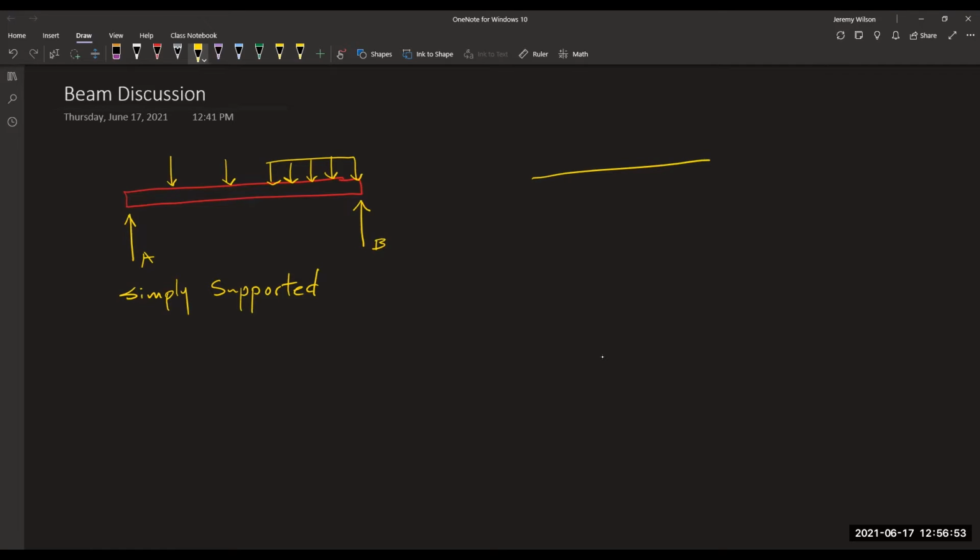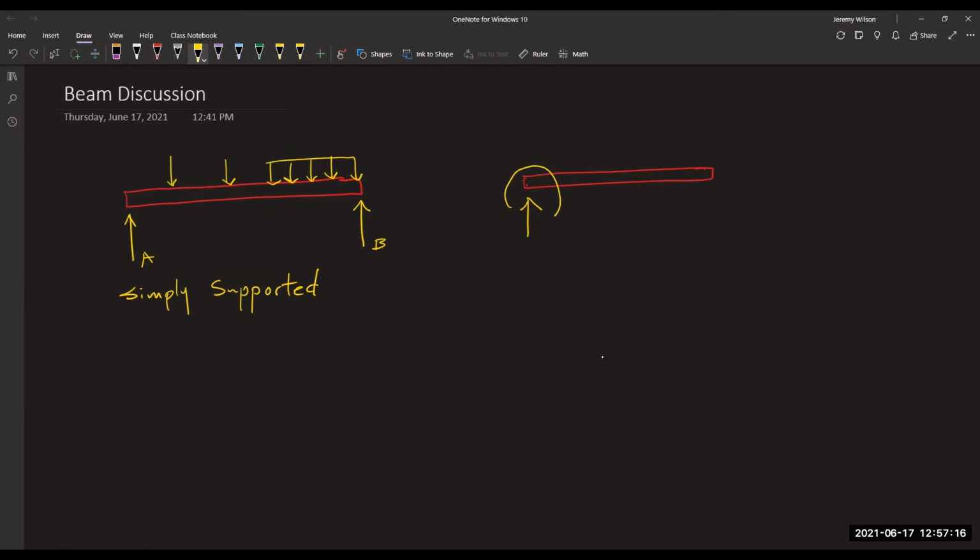In a cantilever scenario, the beam is held only on one end. In this case, we have an upward force on one end. Now we also have to have a reaction of a moment.